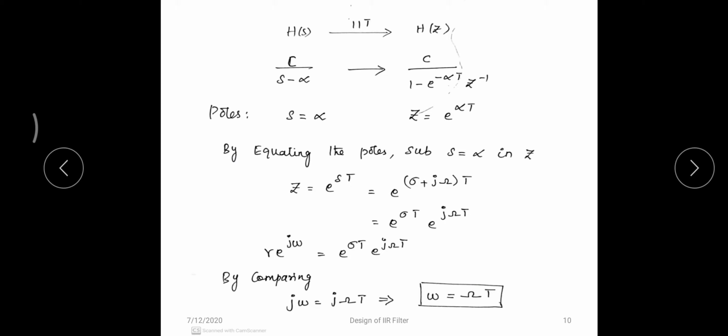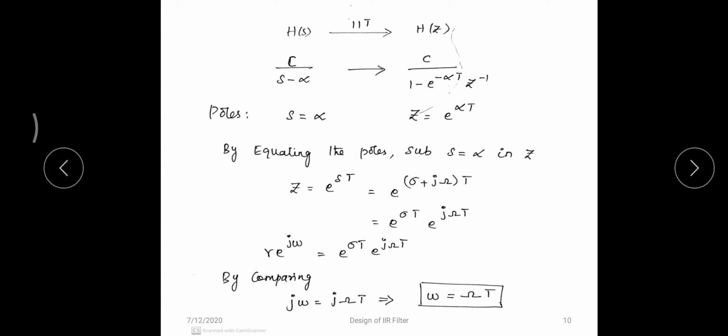Find the poles of both the analog and digital transfer functions. The pole value is s equal to alpha here, and z equal to e to the power of alpha T. Now substitute the value of s in z. So z can be rewritten as e to the power of sT, where alpha is nothing but s.